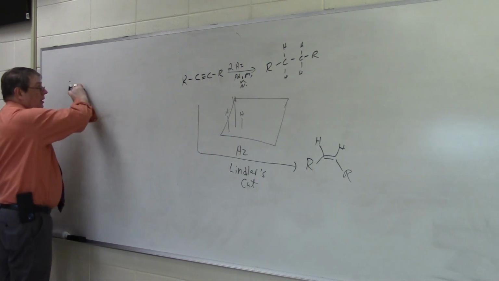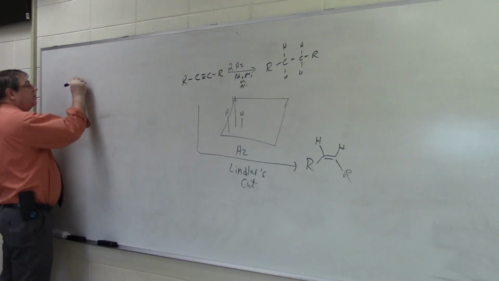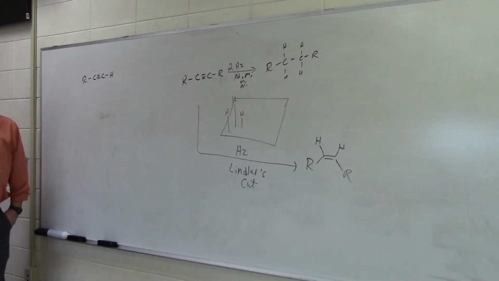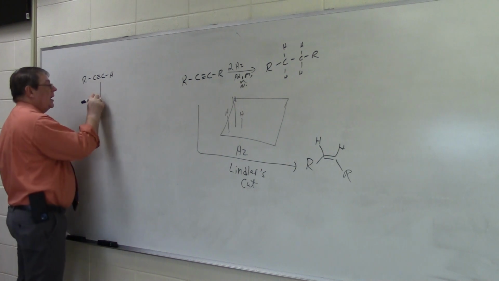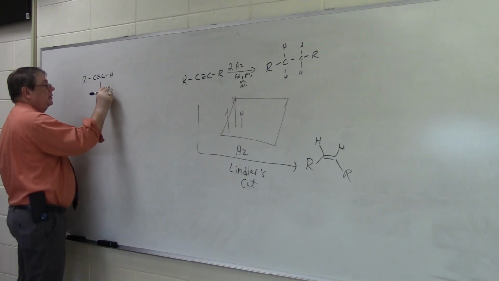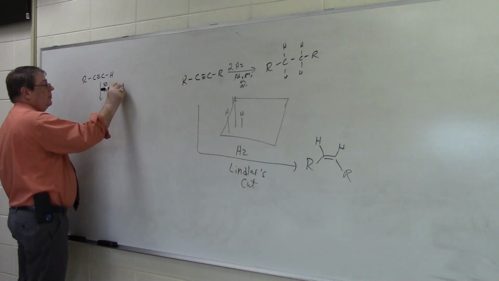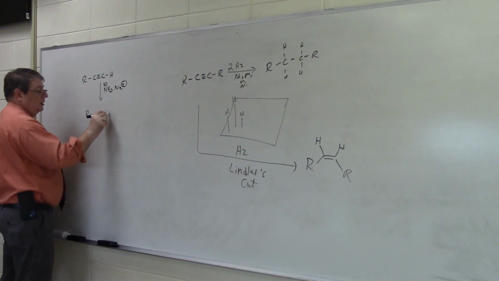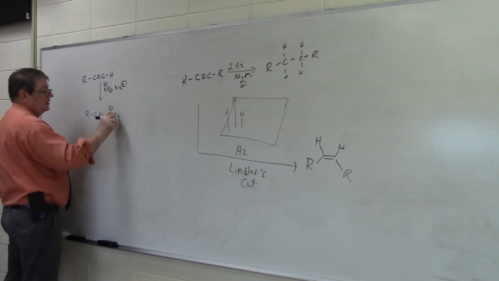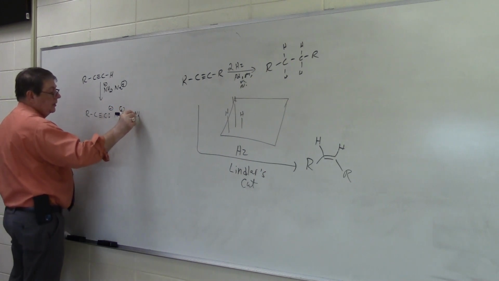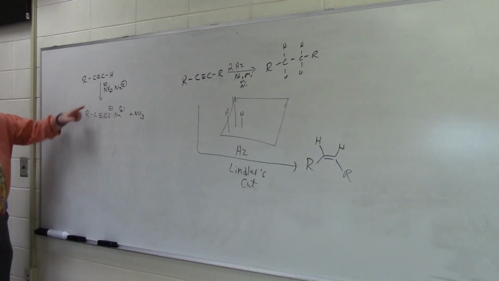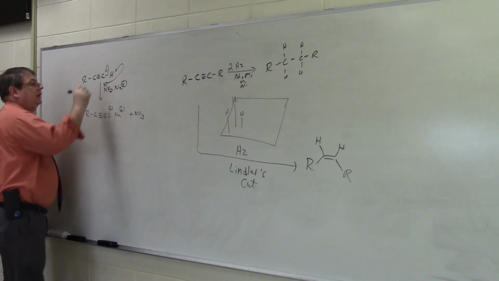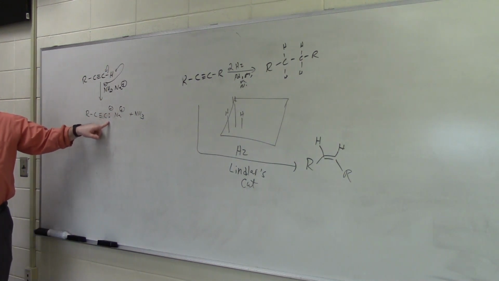And the nice thing about this is that alkynes are very useful to make a number of other things. For example, if an alkyne has a terminal hydrogen on it, you can remove that hydrogen using a base. We said that we would use sodium amide, what we used in class. That gives us the acetylide anion, plus ammonia, which picks up that hydrogen. It's a simple little reaction, and these are good nucleophiles.